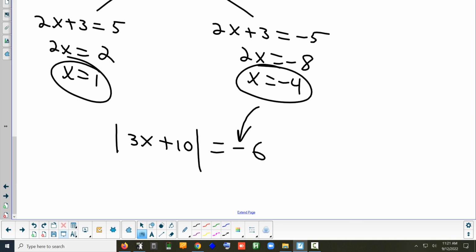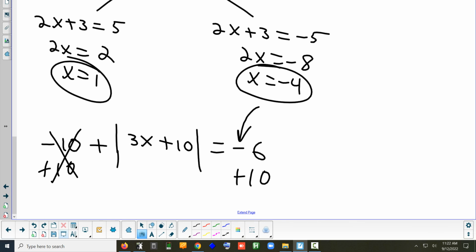But what if you had something like this? Negative 10 plus the absolute value of 3x plus 10 equals negative 6. What would be your first step here? Right. You would add 10 on both sides, and then once you do that, you're fine.